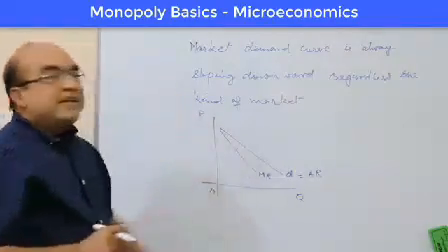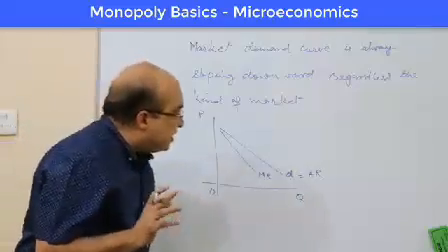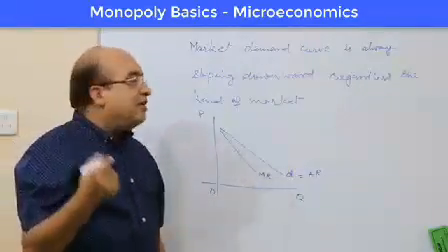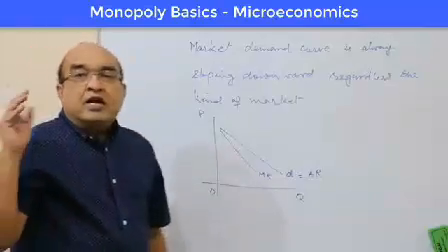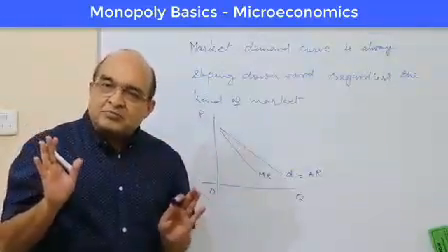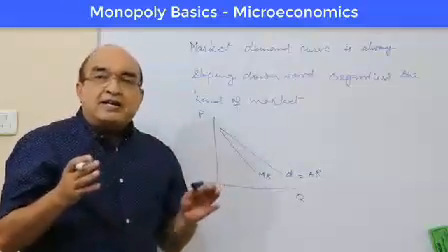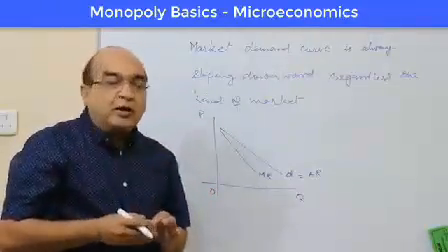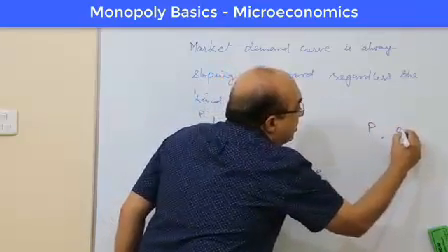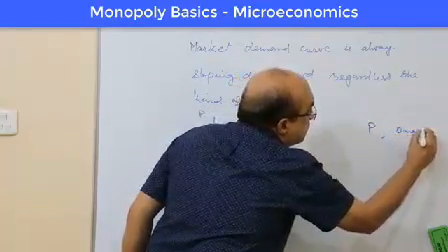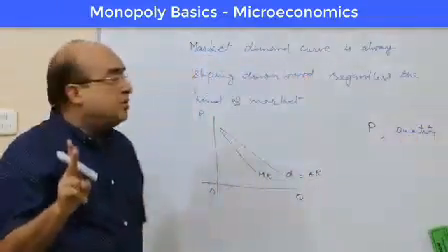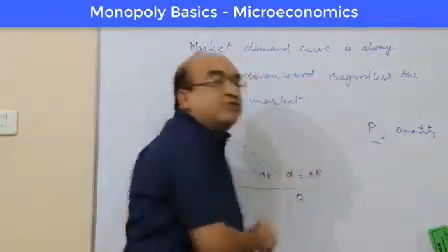Now, one implication of the downward sloping demand curve for a monopoly firm is that although it's the only firm, and it can charge any price or sell any amount of output, when it comes to price and quantity, it has to choose only one out of the two.